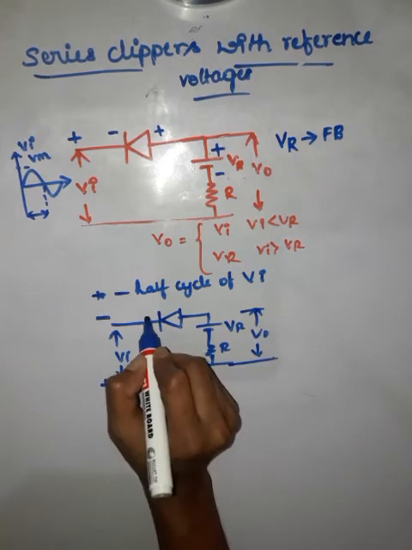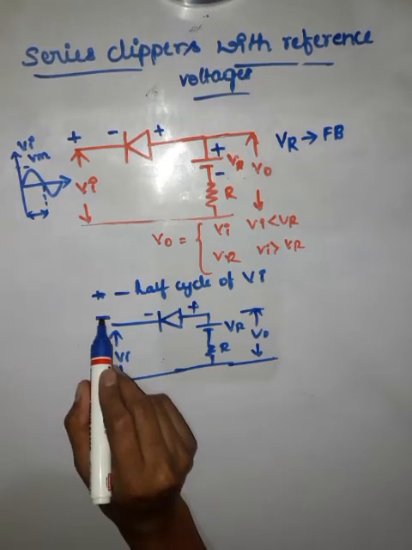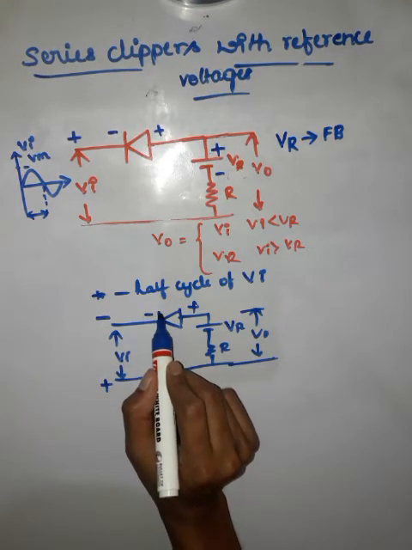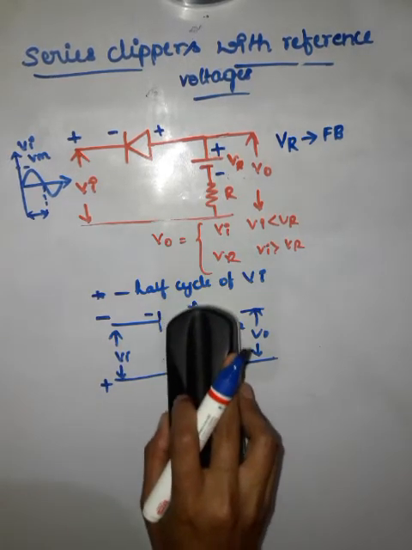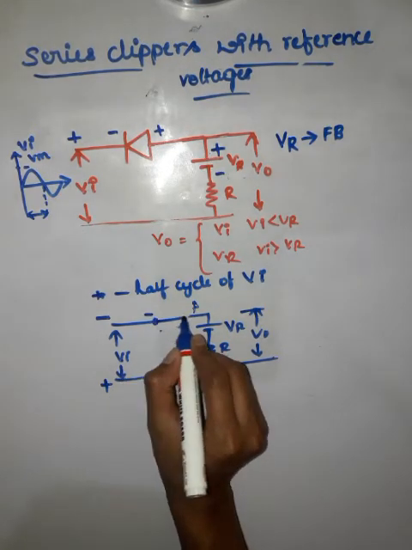During the negative half cycle, the negative polarity of the input signal is connected to the N side of the diode. So the diode is in the forward bias condition and will act as a closed circuit.